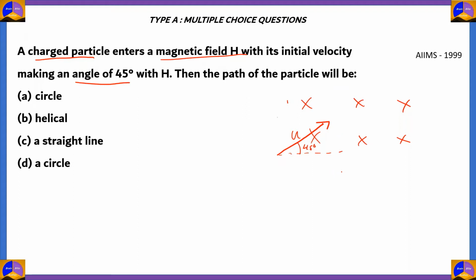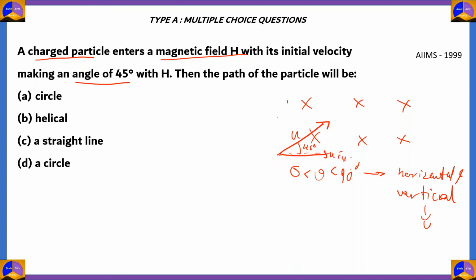When theta is between 0 and 90 degrees, then we will have both horizontal and vertical components for initial velocity. So we will have a component u cos 45 degrees, and we'll have a perpendicular component u sin 45 degrees.